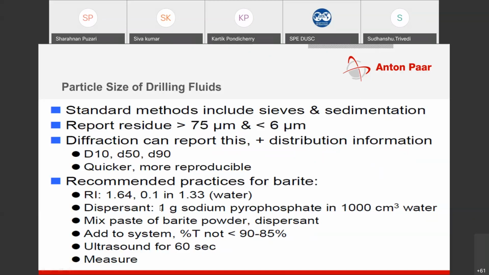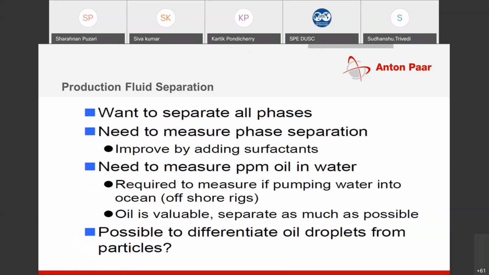Then in production, there is fluid separation. Separation means you want to separate all phases. You need to measure the phase separation. You improve it by adding surfactants. You need to measure ppm oil in water. Like I told you, water in oil, oil in water.